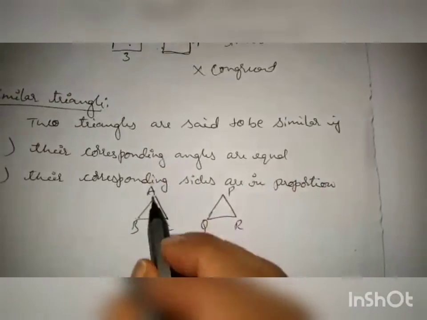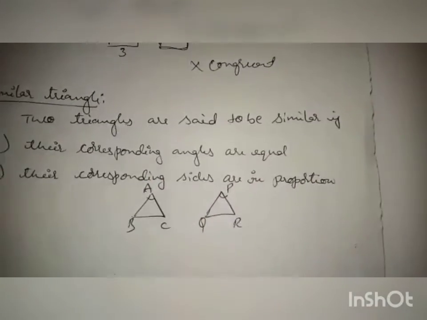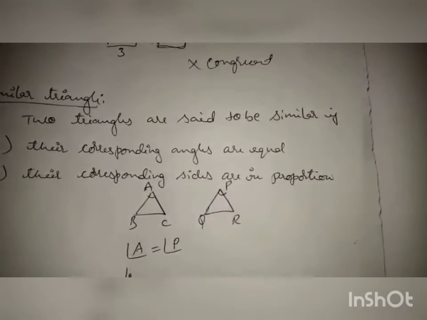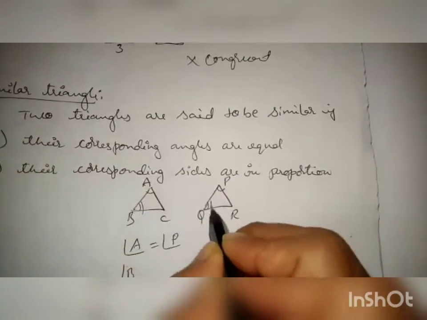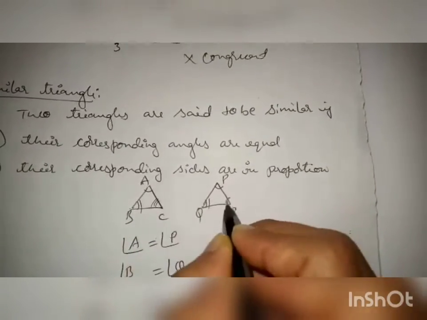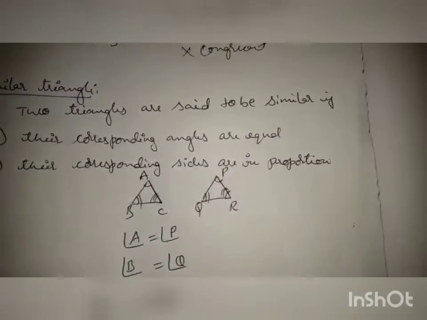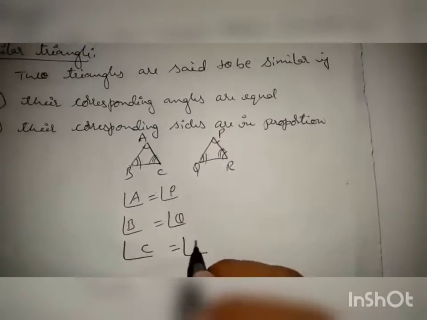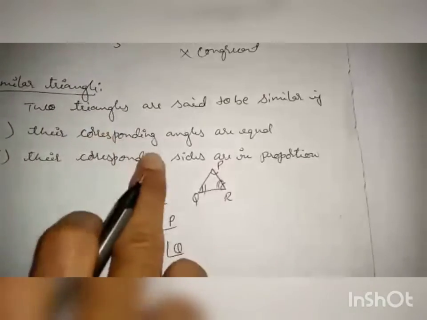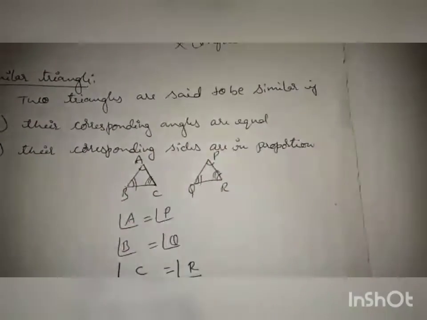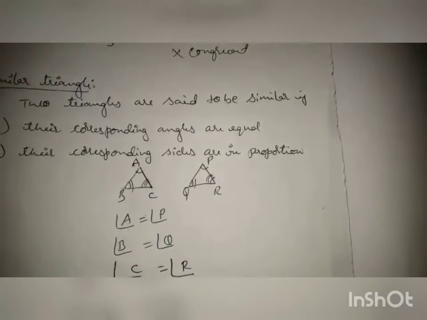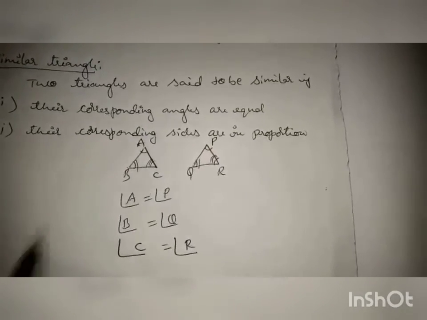So angle A is equal to angle P, angle B is equal to angle Q, and angle C is equal to angle R. So corresponding angles are equal and their corresponding sides are in proportion. Means if you take these sides in ratio form, it should be in proportion.